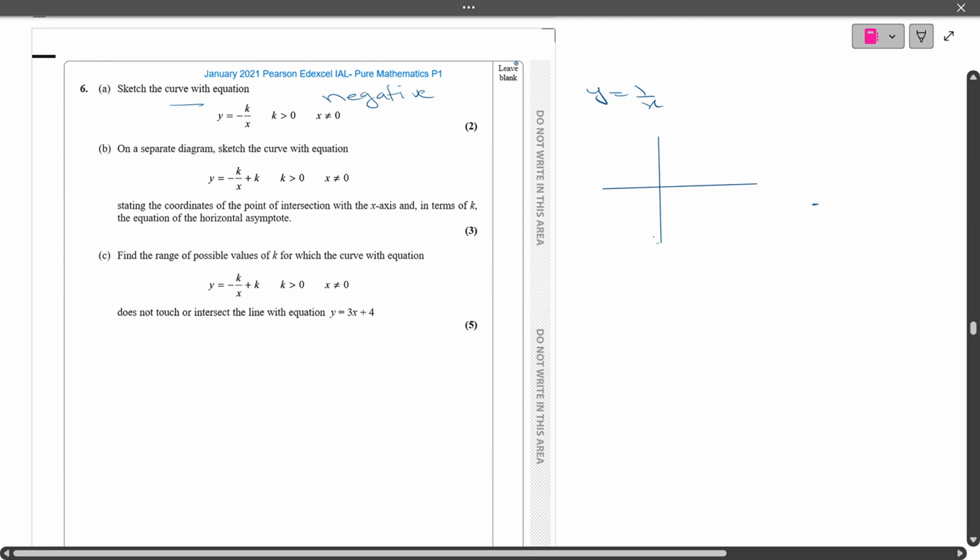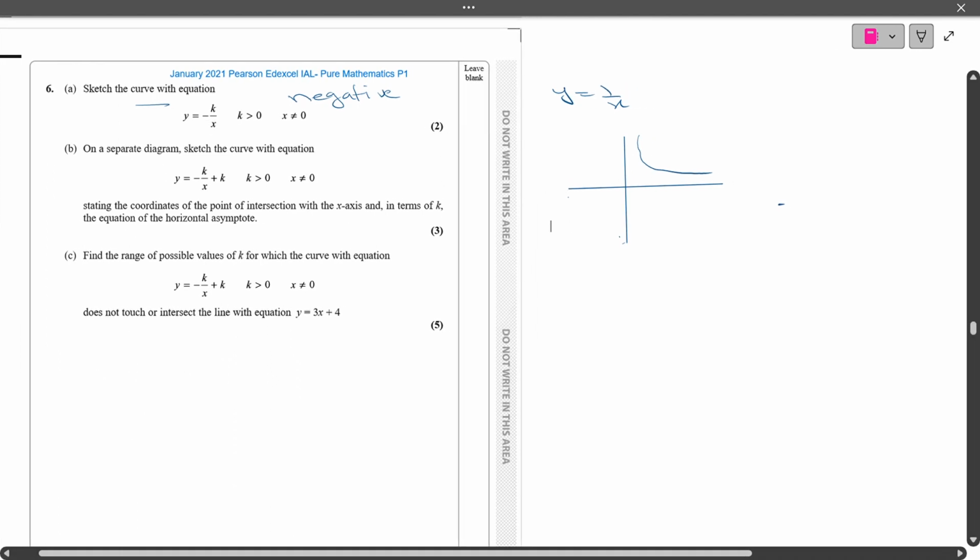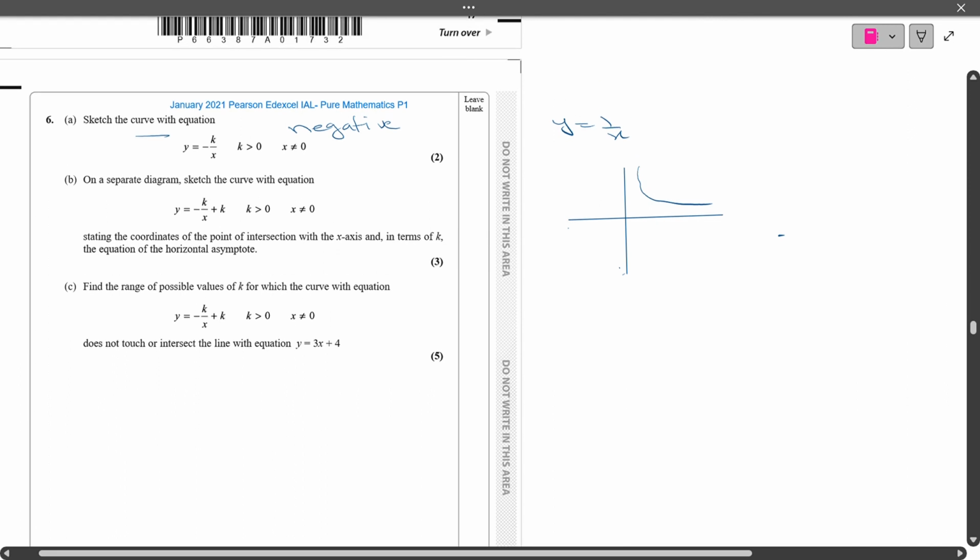The curve we draw is in the first quadrant and in the third quadrant. The reason for the third quadrant is that if x is positive, y is positive, and if x is negative, then y is negative. So that graph I can draw.